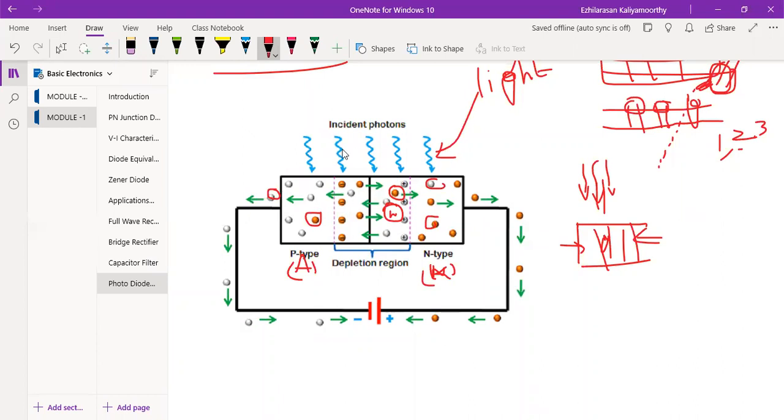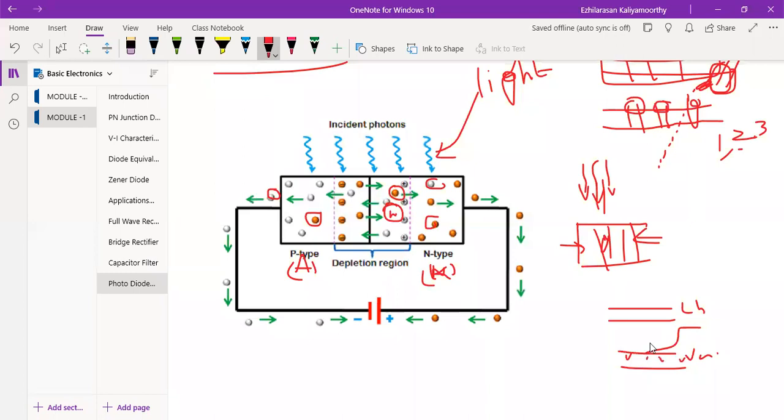The light energy applied to the photodiode must be greater than the band gap of the semiconductor material. This is your conduction band and this is your valence band; the conduction band will be empty and the valence band will be full of electrons.